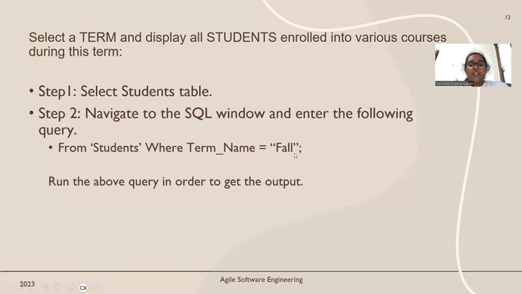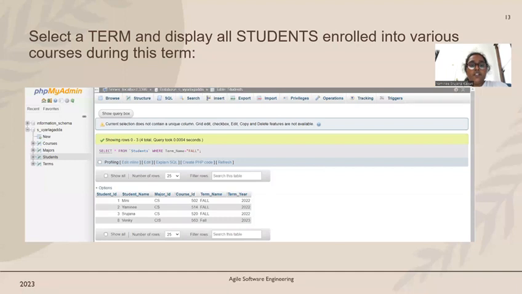It means that in that particular students table, all the students registered for the fall would be displayed as follows. So according to our database, I consider fall semester, and for the fall semester, these students, Mini, Srujana, and Venki, registered in 2 different years, 2022 and 2023. Here we consider only the criteria for fall, so the year doesn't matter here.